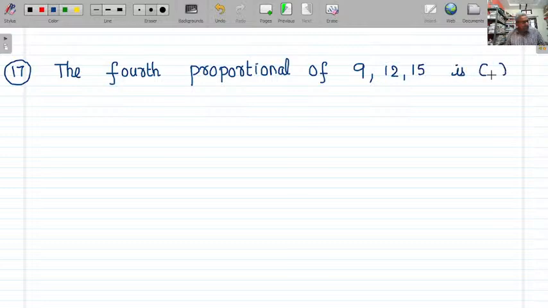Option A 18, option B 24, option C 20, option D 28. So which is the right option?